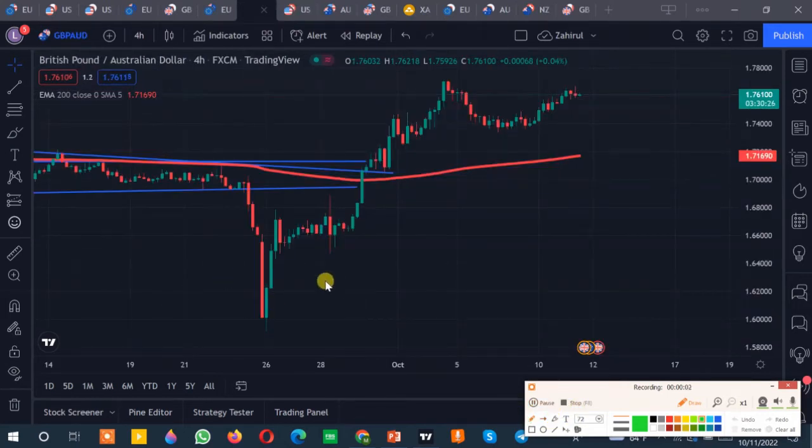It's the chart for British pound and Australian dollar, and for the H4 time frame.